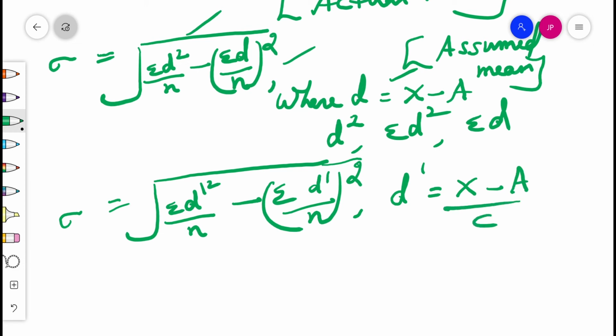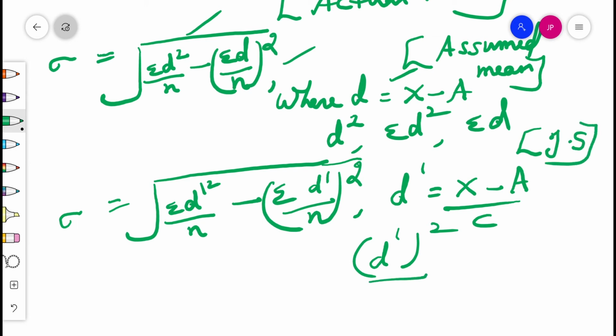Then what are the next steps as per the formula? We have to calculate d dash square. These are all in the case of individual series, ungrouped data. Then sigma d dash, summation of that, and sigma d dash square also, summation of those values, and substitute the values in the formula.